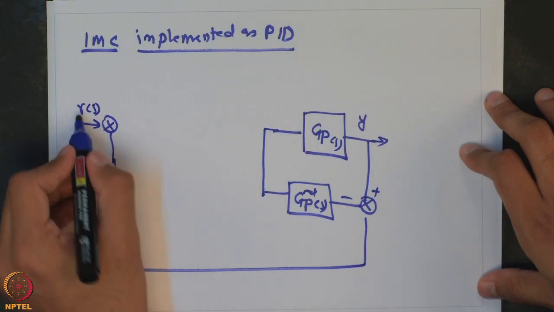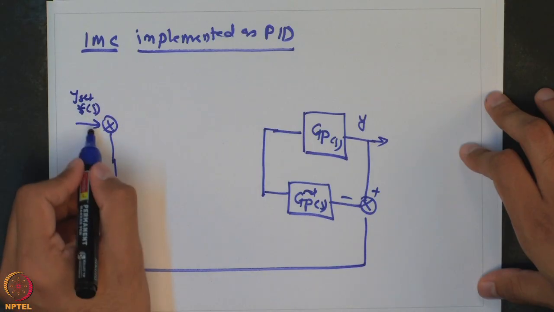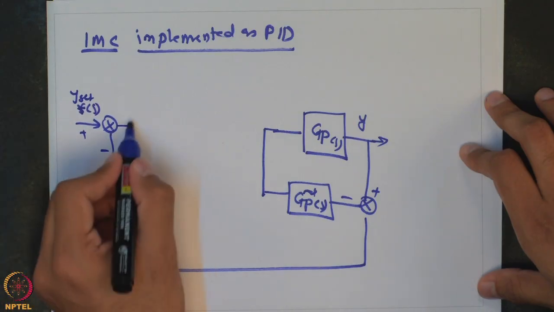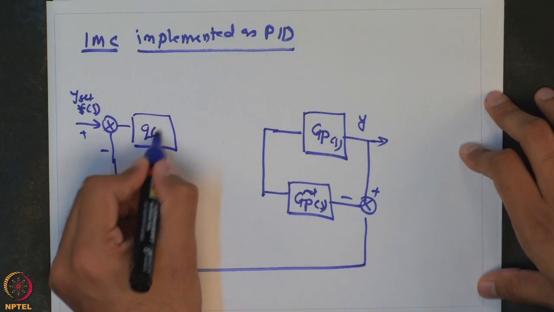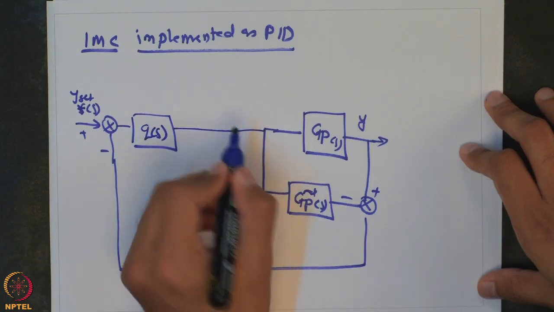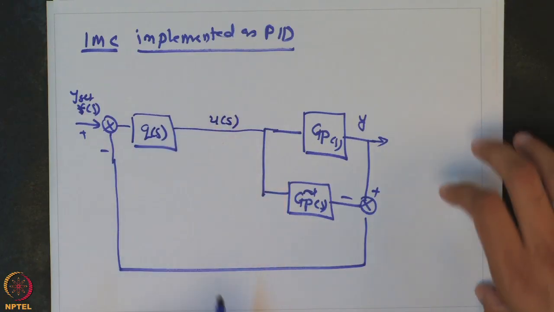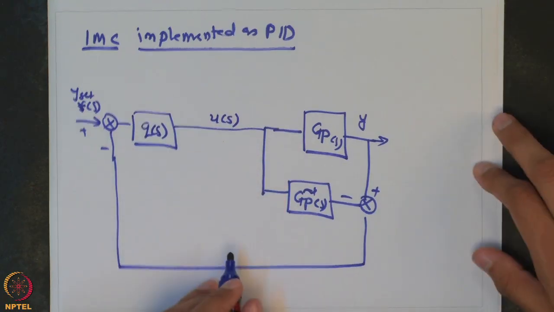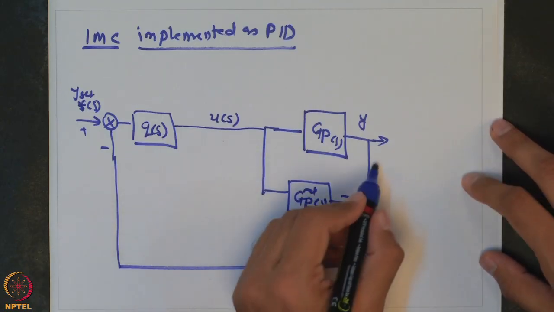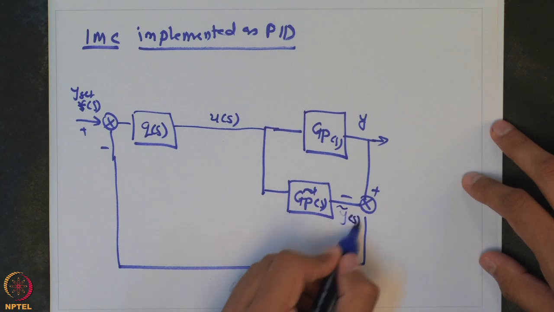Then this is your set point, or let me call it y set, and then you have this controller Q(s) which is going to give you u of s. So, this is y tilde s.